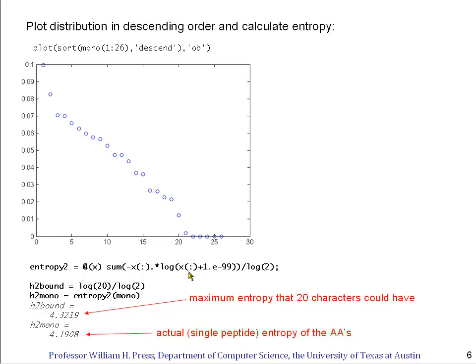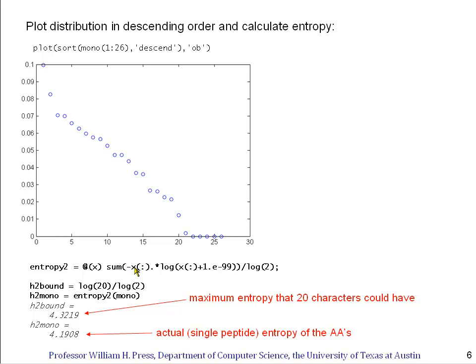Now, I have to teach MATLAB that if x is 0, I want this to come out 0. So an easy way to do that, a little bit of a hack, is add 10 to the minus 99 to the argument of the log, so that that'll still be a fine log, but that it'll be dominated by the x being 0 here.